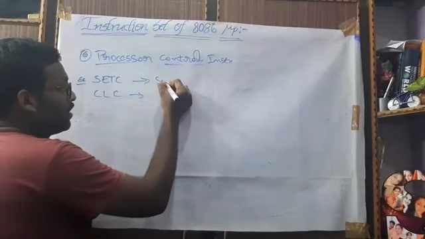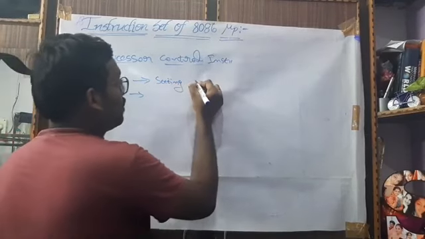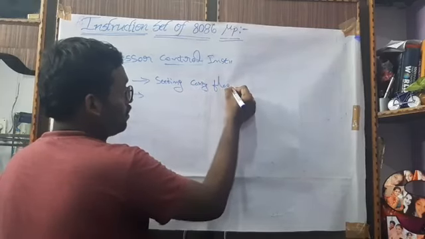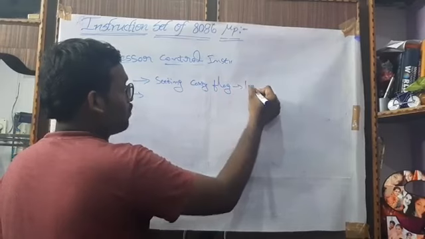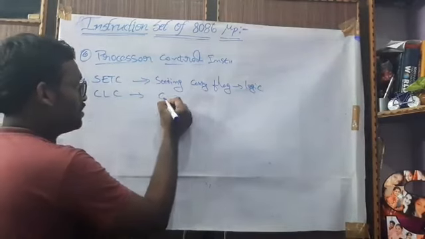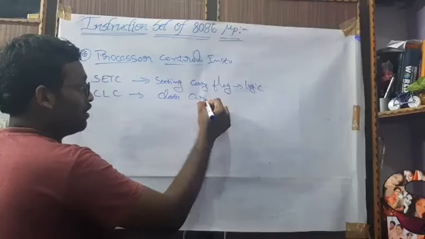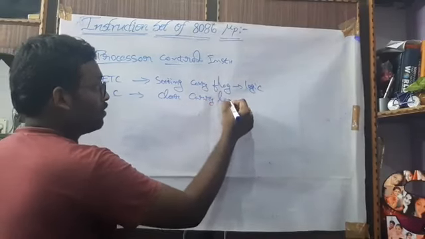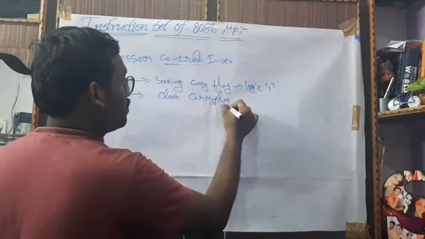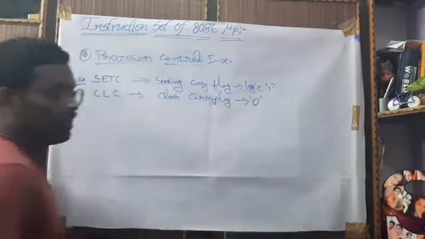Set means setting the carry flag to logic 1. CLC means clear the content of the carry flag. Clear carry flag means putting it to 0.